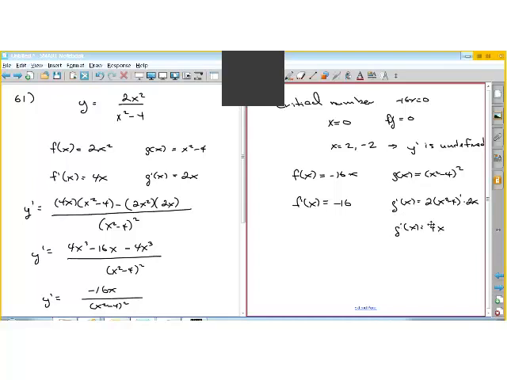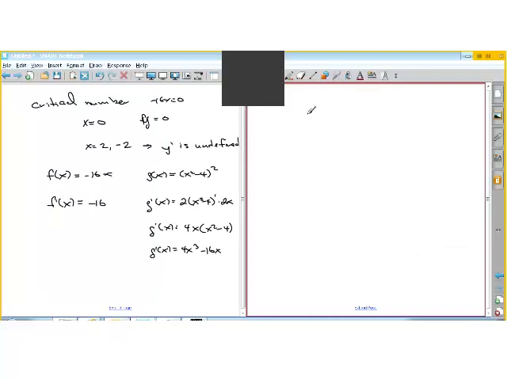So that gives us 4x times x squared minus 4, and let's just go ahead and multiply it out while we're at it. So that's 4x cubed minus 16x. Okay, that's correct. So now we plug that into the quotient rule again.